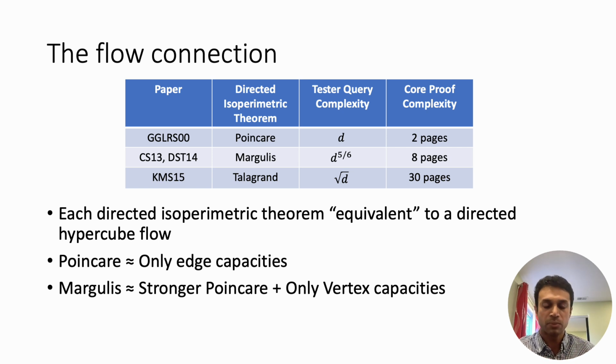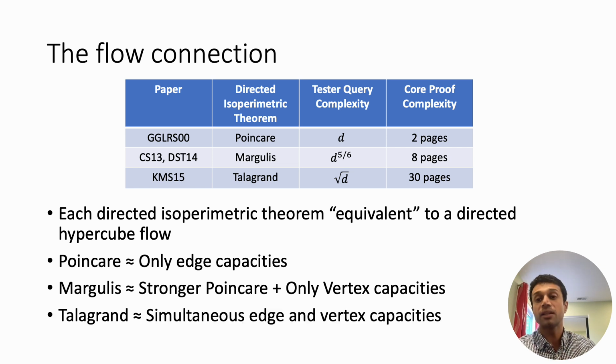The Margulis statement is a stronger version of Poincare plus a statement about vertex capacities. And the Talagrand statement appears to be equivalent to having simultaneous edge and vertex capacities. And I say appears because I'll qualify that in just a moment. So let me now just take a last couple of minutes to show you this connection using some pictures.